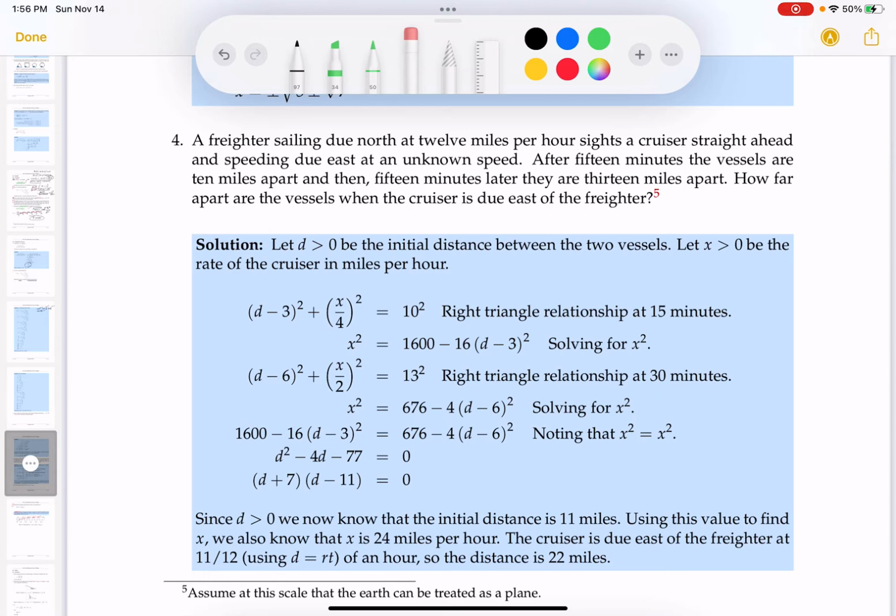So it's the freighter sailing due north. Let me draw a little picture of this. This is north. This is south. This is east. And this is west. So a freighter sailing due north, 12 miles per hour, sights a cruiser straight ahead and speeding due east.